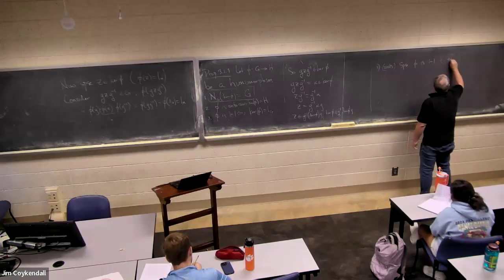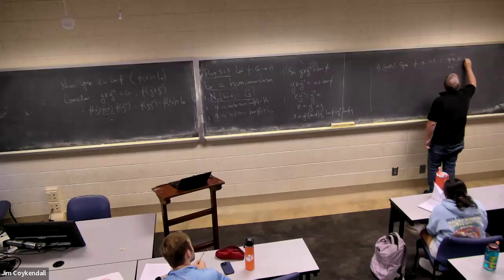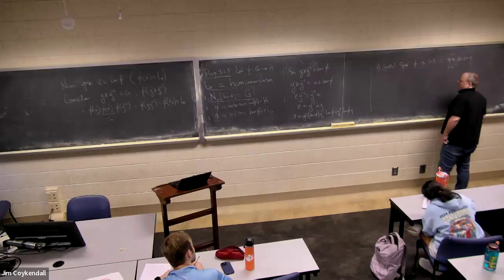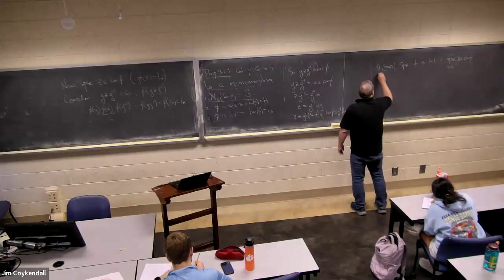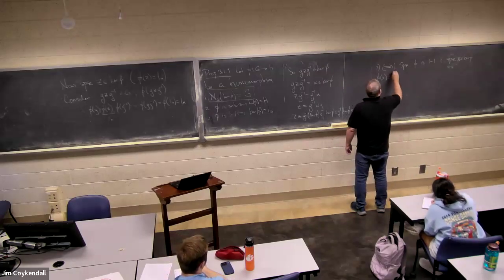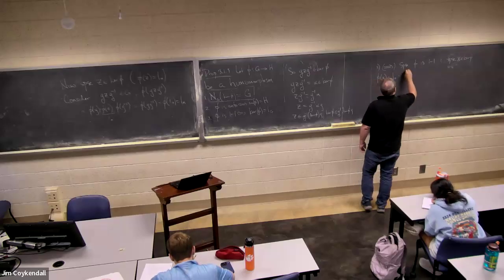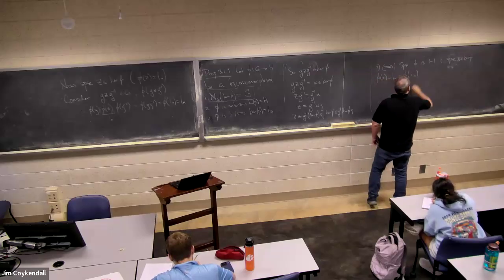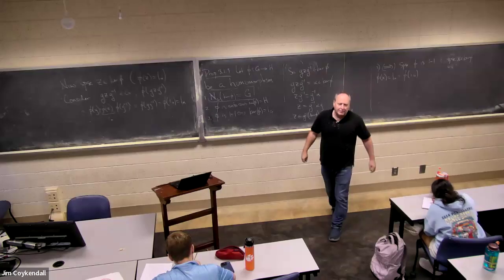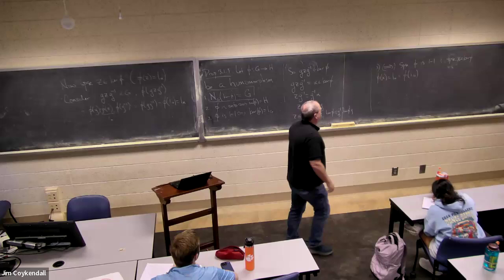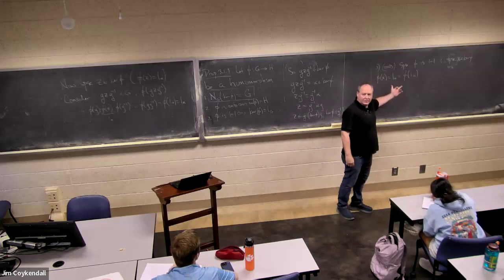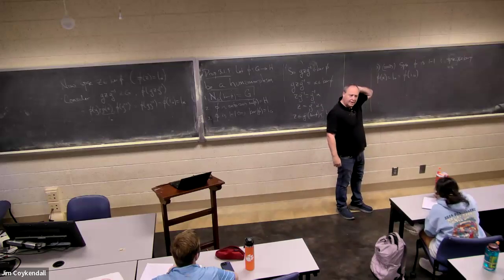Take x in the kernel of phi. So we have phi of x is the identity of H. This is a fact we've already established: we know that the identity of G goes to the identity of H. What can we conclude from this about phi?